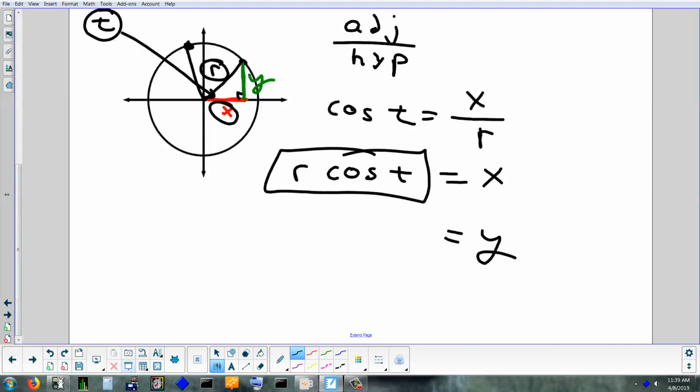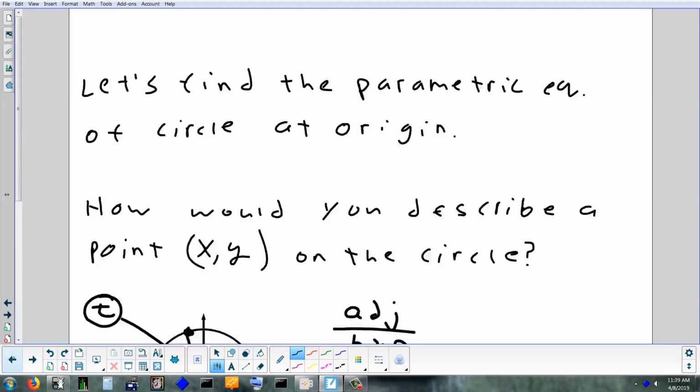Now, we could go through that again, but I think, can anybody figure out what Y would be? R sin T. Yes. And together, these are the parametric equations for a circle. You have to pick a value for R. You pick R to be whatever size circle you want, and then you type it in. Okay?